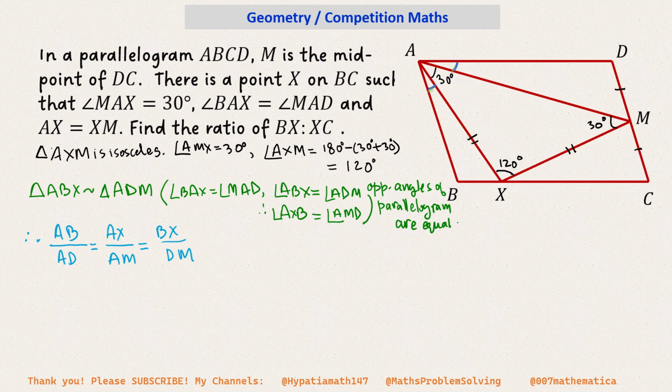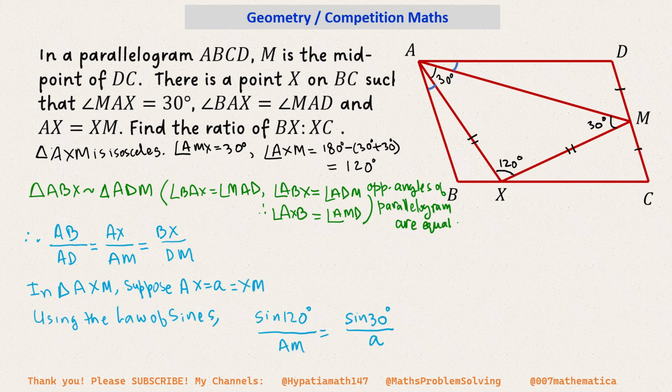Also from the isosceles triangle, if I assume that AX is A, then this side would be A. So what would be the side AM? I can use the law of sines to find that out, and because we have 30, 30 and 120 degrees, sine 60 and sine 120 are the same.